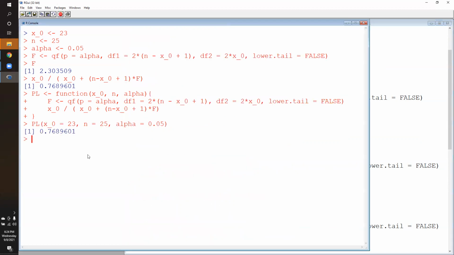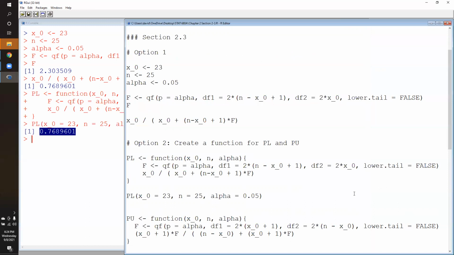But in a sense, R is just a giant calculator, right? So here, I get the same exact thing as what I got before, which we used the same notation, we used the same values, so we're happy that we know we coded it correctly. Sometimes I just use that as a check for myself to make sure I didn't make a typo.